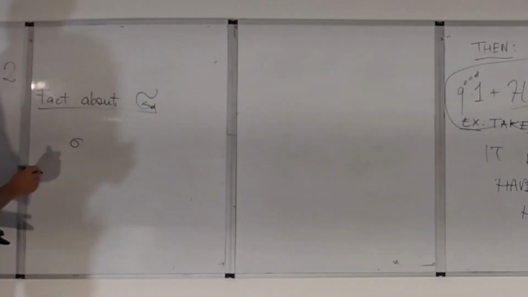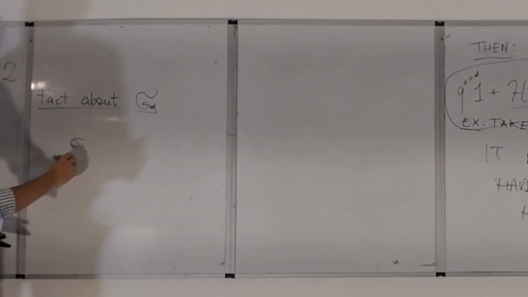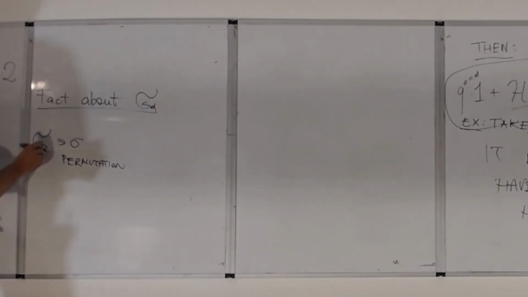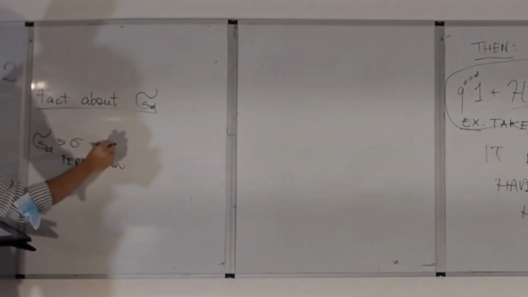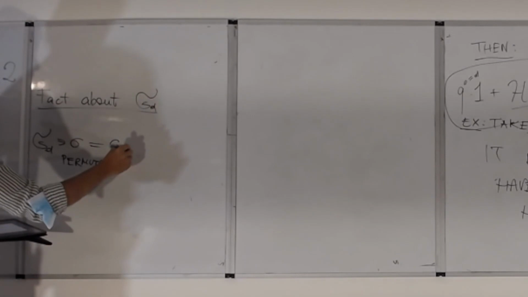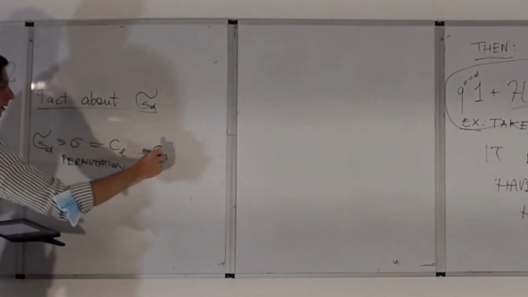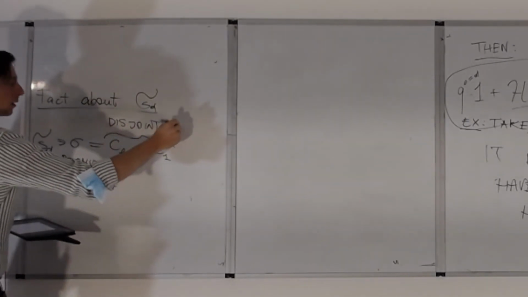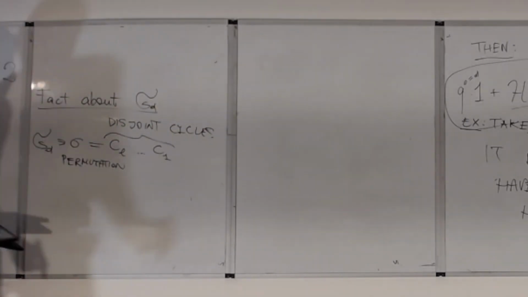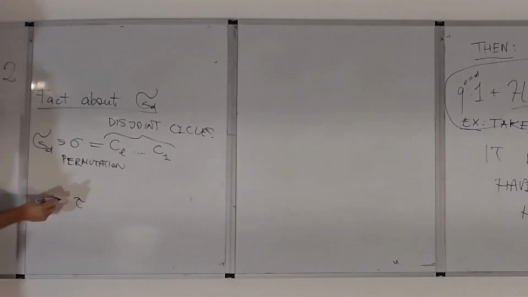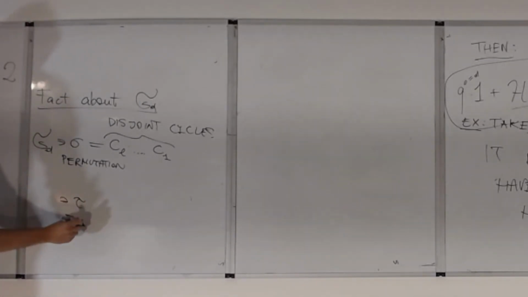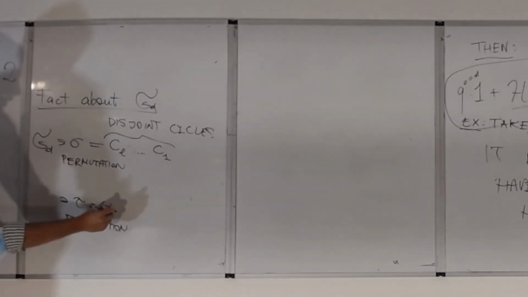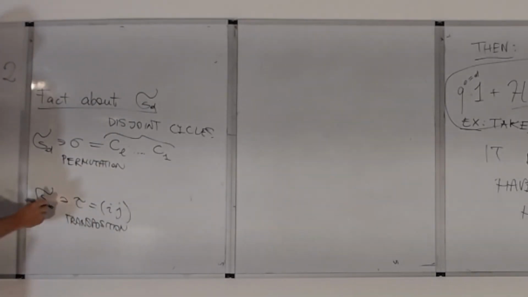What if you take a permutation in S_d, and then write it in disjoint cycles. So these are disjoint cycles. And now take a tau, that is a transposition. So this is just swapping i and j in S_d.